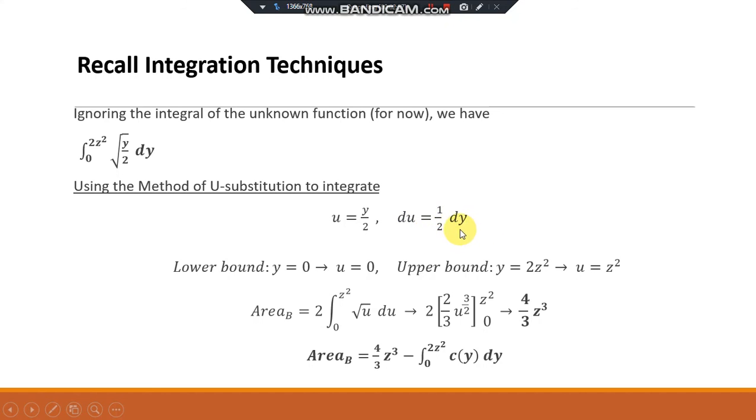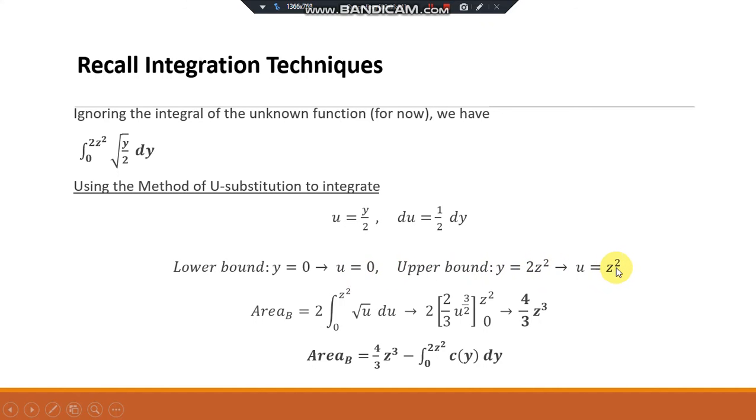And we know that our bounds are from 0 to 2z squared. But since in this u sub, all we're doing is solving in terms of u's, we have to convert the bounds in terms of u also. So when y equals 0, we plug in 0, we can see that u equals 0 also. And when y equals 2z squared, u is seen to be equal to z squared.